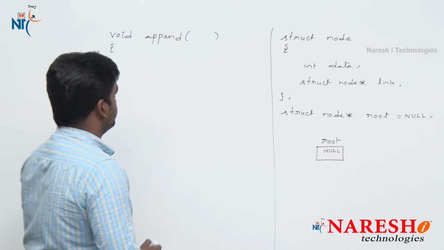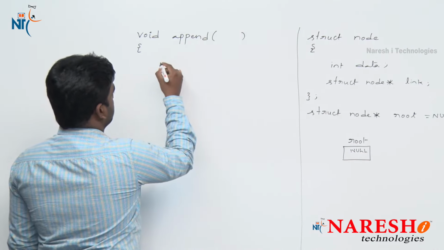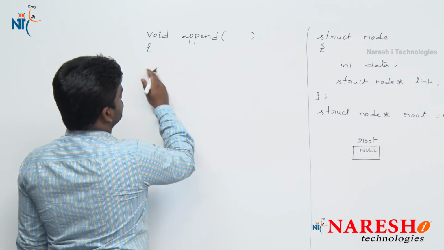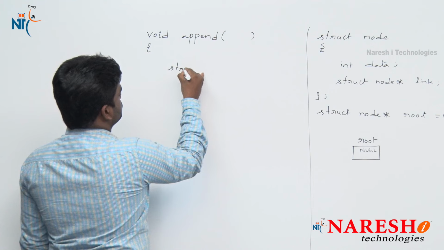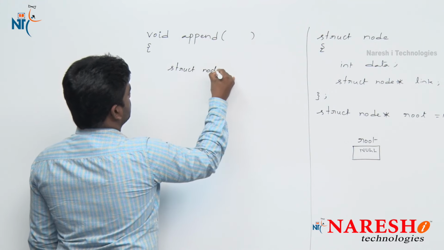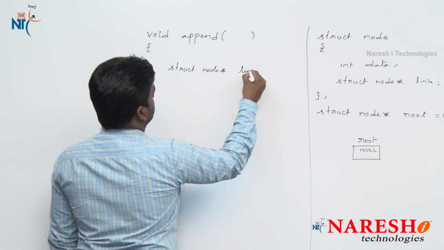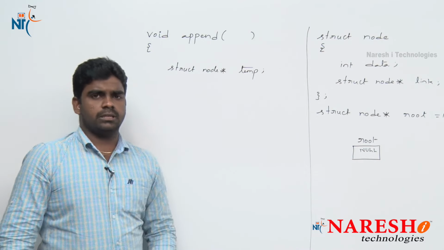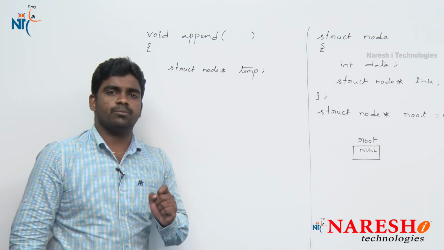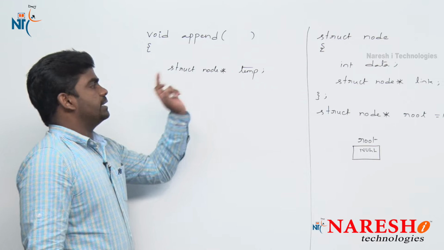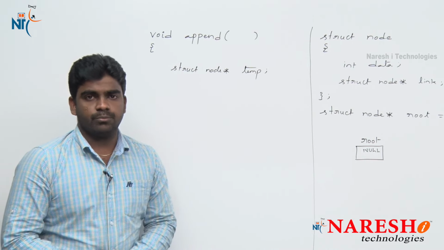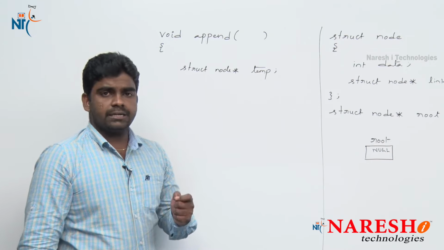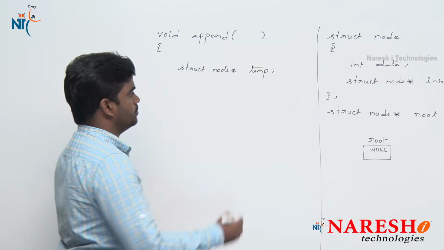How to insert? First, in append, we create one temporary variable. The temporary variable is also struct node star temp. It is a user defined data type variable, nothing but a node structure type variable we are declaring. Next, we need to allocate the memory dynamically.